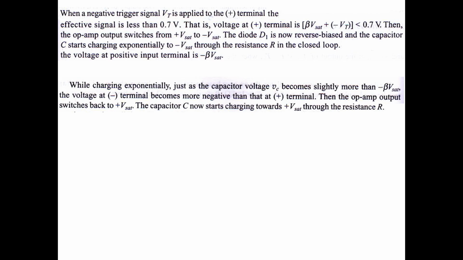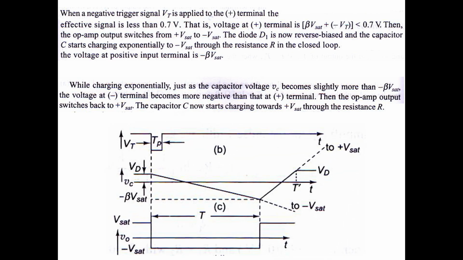While charging exponentially, just as the capacitor voltage Vc becomes slightly more than minus beta V saturation, the voltage at negative terminal becomes more negative than at positive terminal. Then the op amp output switches back to plus V saturation. The capacitor C now starts charging towards plus V saturation through the resistance R.